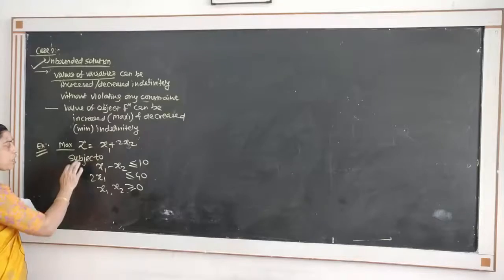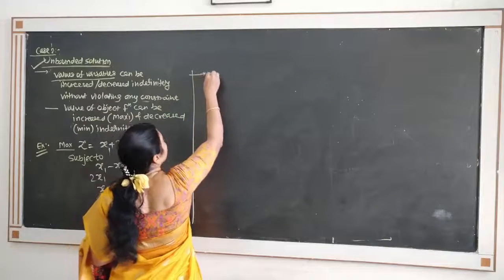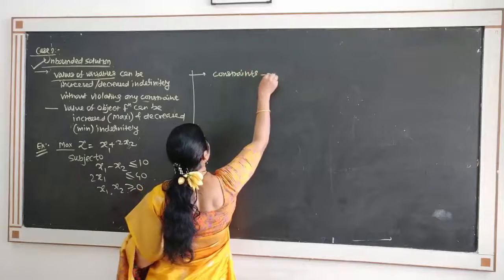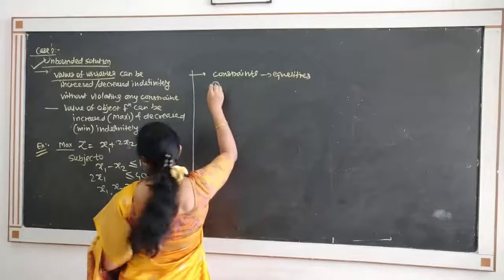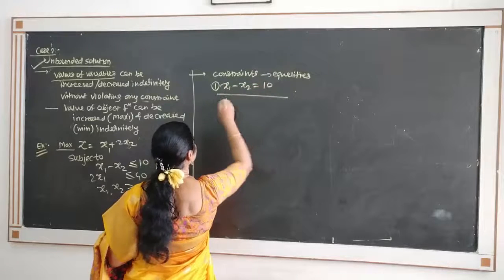Consider this example. To solve this LPP graphically, we will write down the constraints as equalities. See the first constraint as equality. It is x1 minus x2 equal to 10.